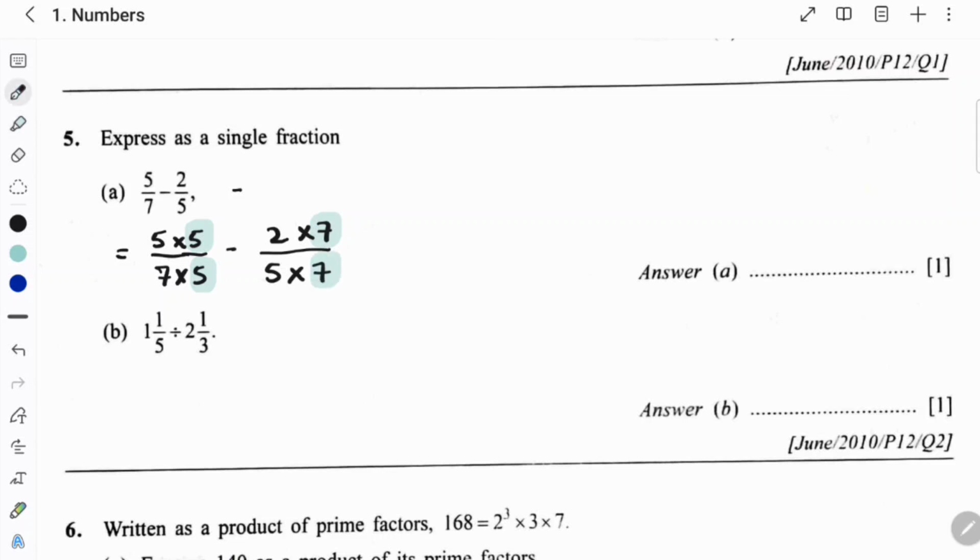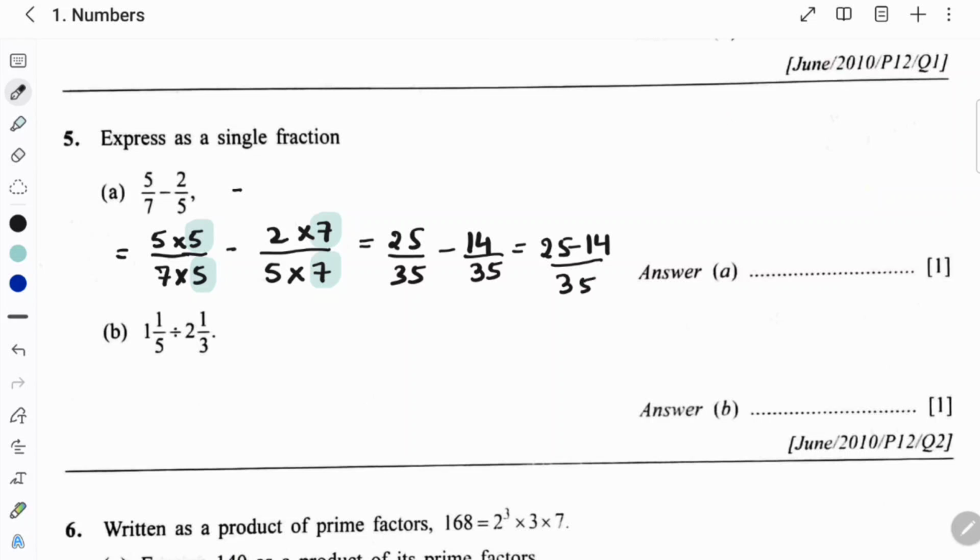Then you know that it is 25 over 35 minus 2 sevens are 14, 14 upon 35. We have made the denominators equal, so we can subtract: 25 minus 14 over 35.